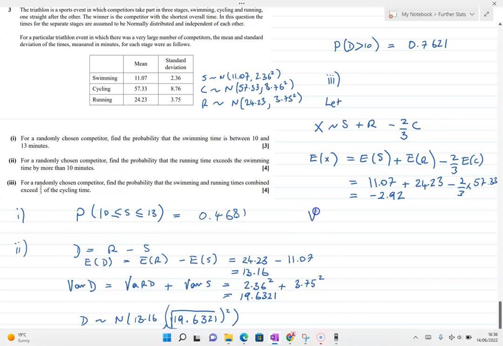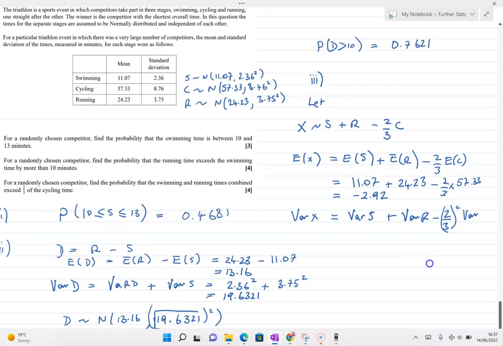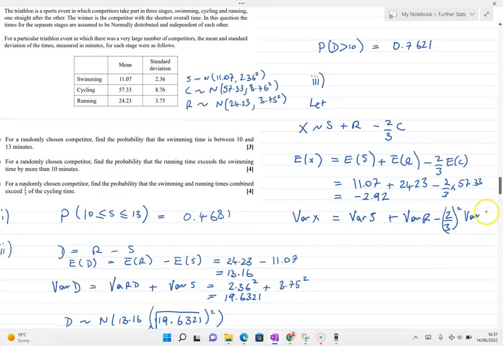So the var of X equals the var of S plus the var of R minus 2/3 squared times the var of C.